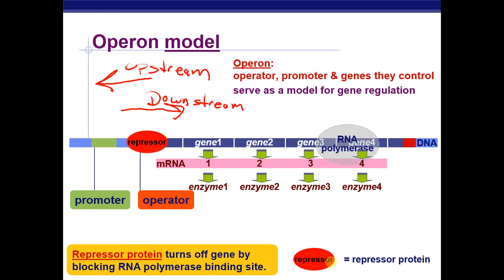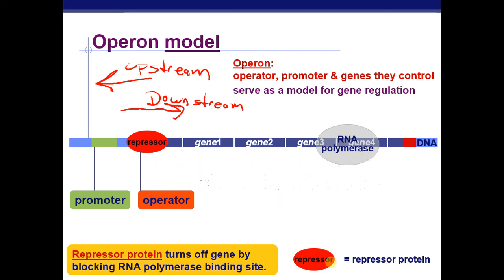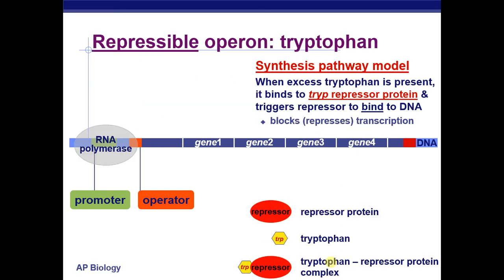When the gene's turned off, the repressor protein will bind to the operator, and the RNA polymerase can't bind to the promoter, and this transcription won't occur. So we don't make any mRNA, and we don't translate that into any proteins. So that's the general model.